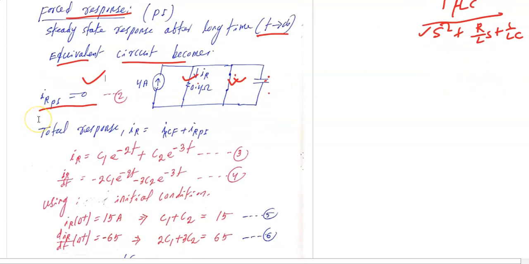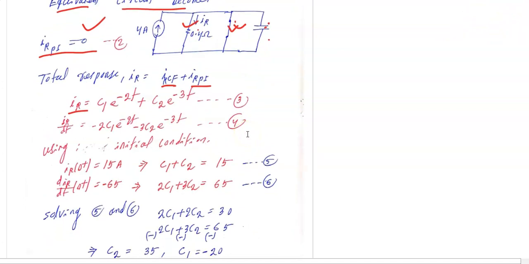So now the total response is the natural response, that is the complementary function, plus the particular integral or forced response. So you have iR = C1 e^(-2t) + C2 e^(-3t). Because there are two arbitrary constants, we need two initial conditions. Another initial condition will come from taking the first derivative of iR, a very simple derivative.